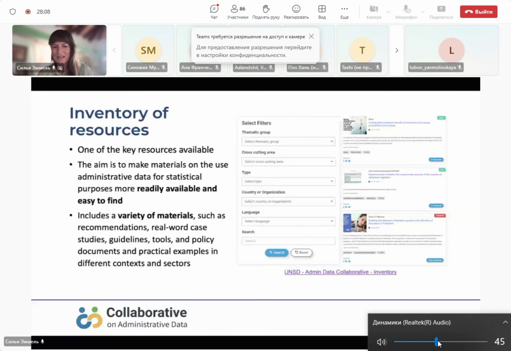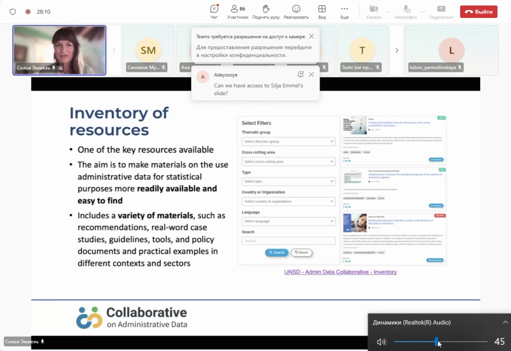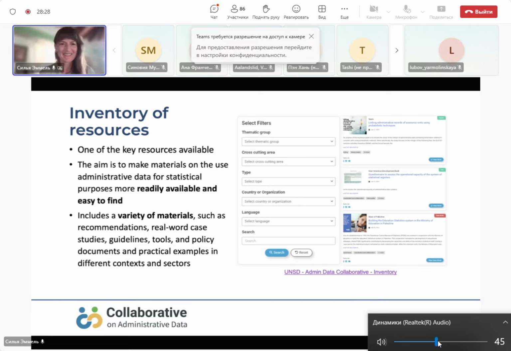Something else of interest is the inventory of resources. It's where we try to collect all the materials, guidance documents, and tools that are available when it comes to administrative data work, also some country case studies, and you can browse around and look for what you think is useful to you.